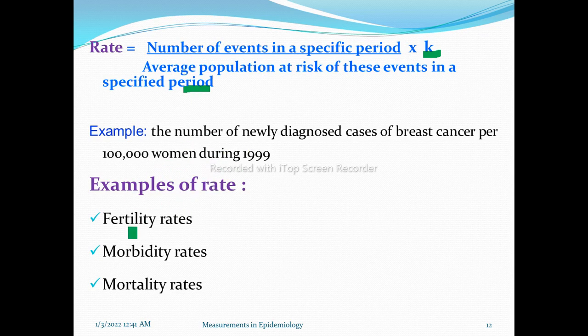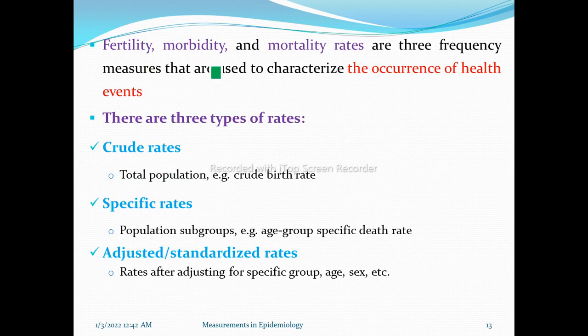Examples of rate may be fertility rate, morbidity rate, and mortality rate. These are three frequency measures used to characterize the occurrence of health events. There are three types of rates: crude rate, specific rate, and adjusted or standardized rate.